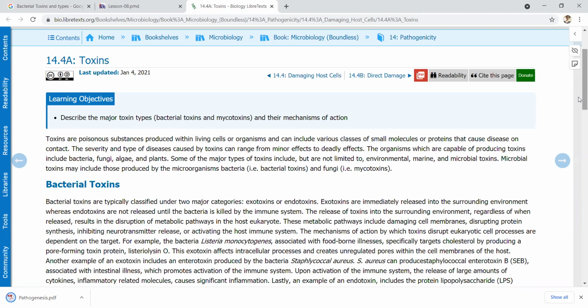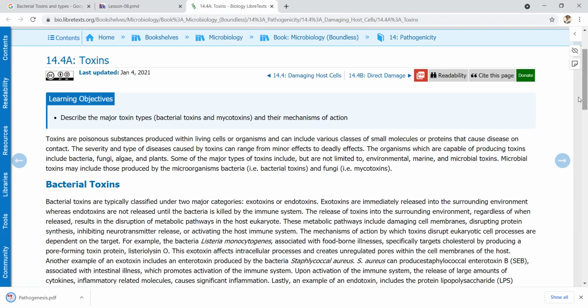We know that our body's cells follow a certain pathway for metabolism. Our entire body follows that. But when certain toxins are released or enter our body, these pathways are disrupted, and then the normal functioning of the body is also disrupted.